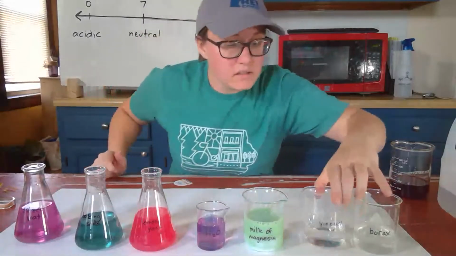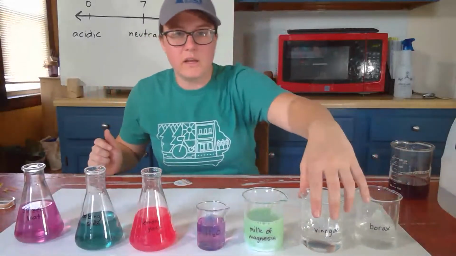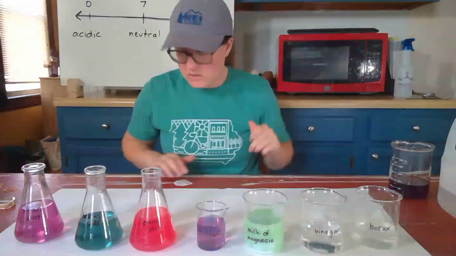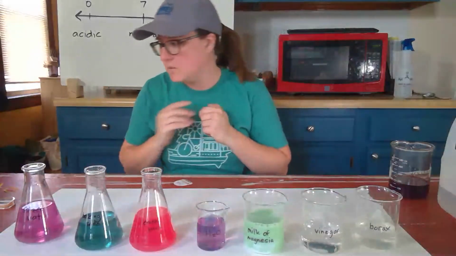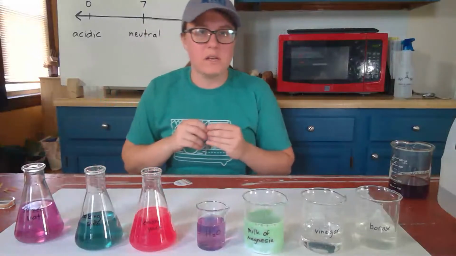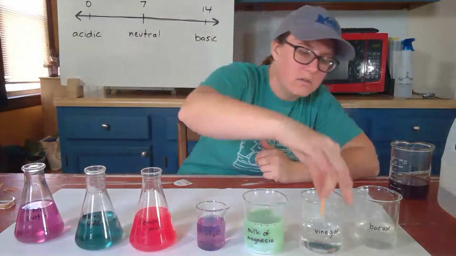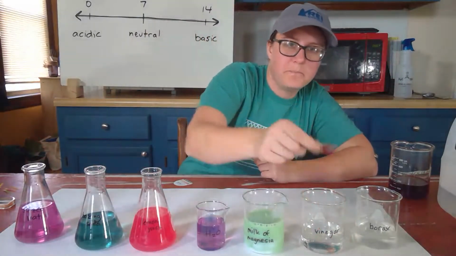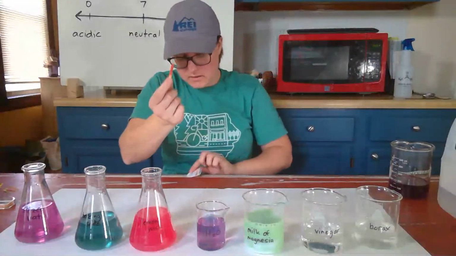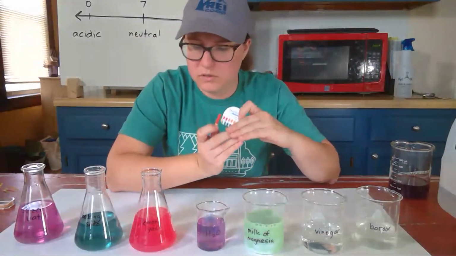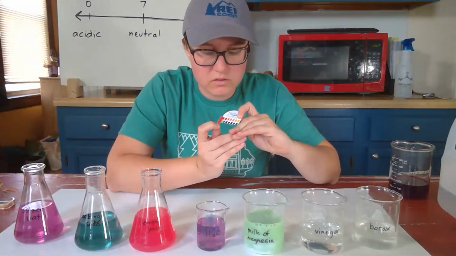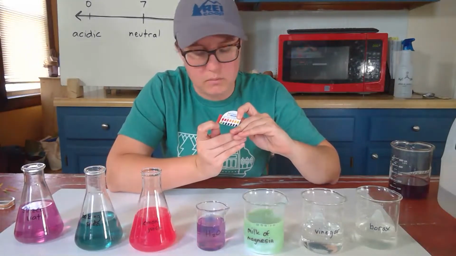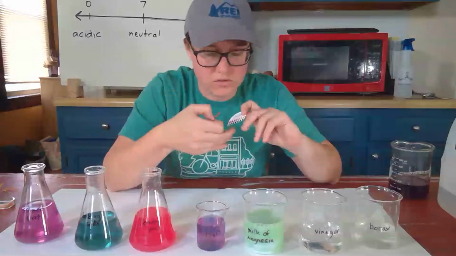Okay. Next is vinegar. Vinegar, the active ingredient is a substance called acetic acid. So again, just by the name, we know it's an acid. Vinegar strip looks like that, which is probably going to be somewhere close to the lemon juice.